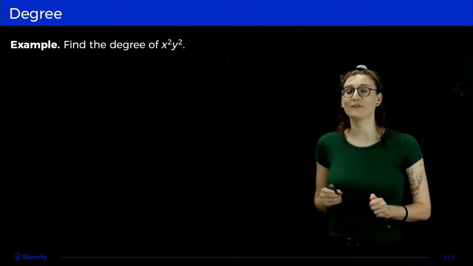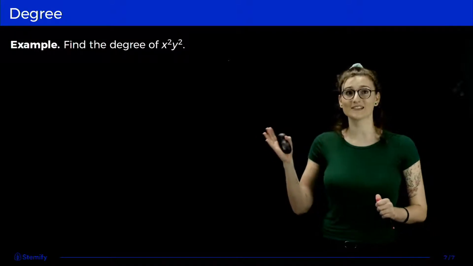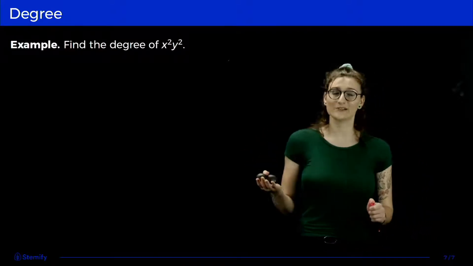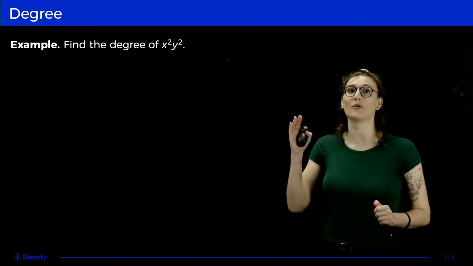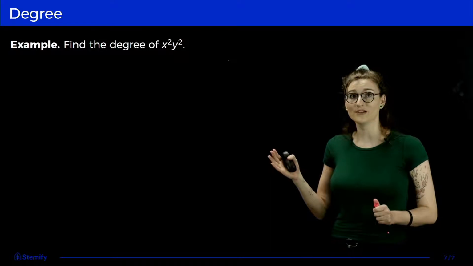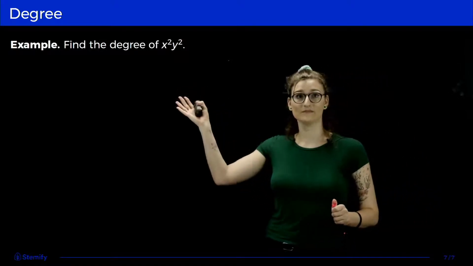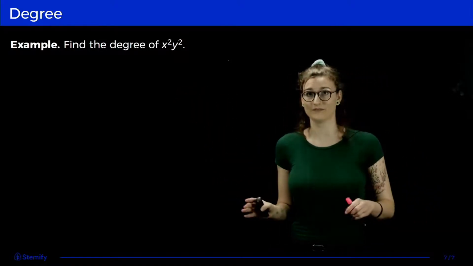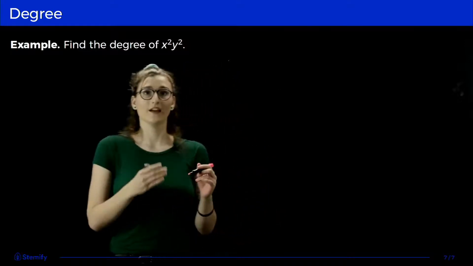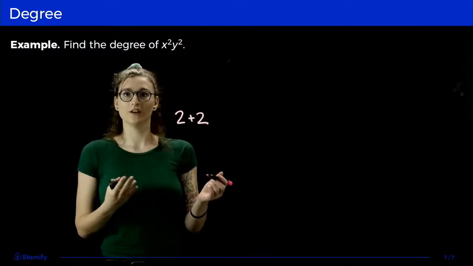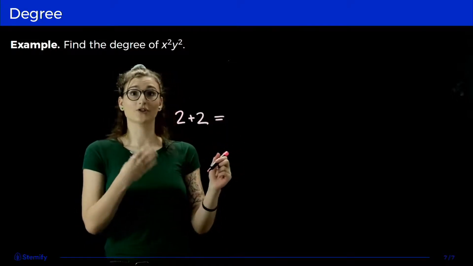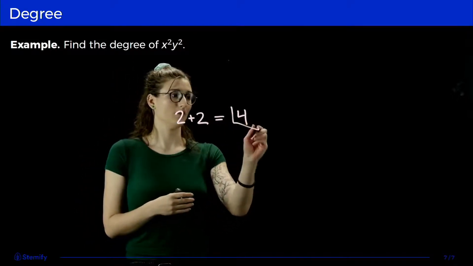So if we want to find the degree of x squared y squared, like we just defined, this is going to be the sum of the exponents in our monomial. So our monomial is just going to be x squared y squared because we have no addition or subtraction. So the sum of the exponents is going to be 2 plus 2. So our degree is going to be 4.